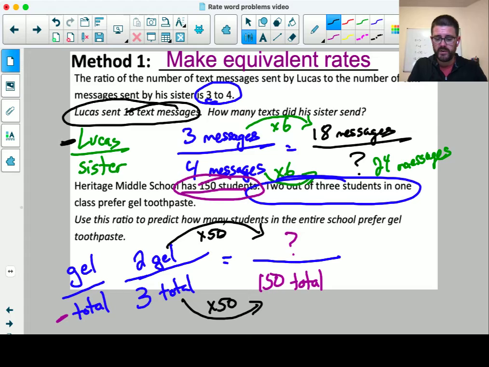Here, 2 times 50 is 100 that preferred gel out of 150 total. So because we could find a way to get from 3 to 150 or 3 to 18 by multiplying, and sometimes it'll be dividing, by a whole number, we can use our equivalent rates.